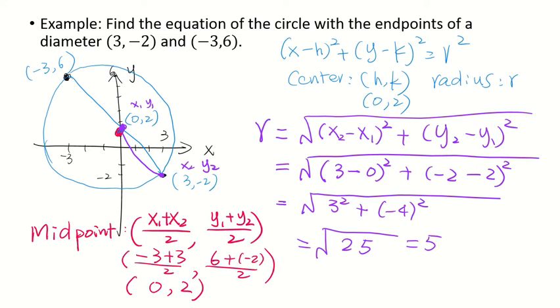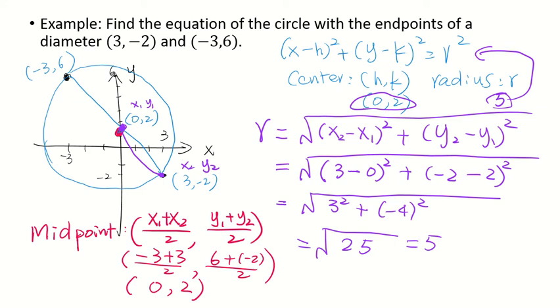All right, now we know the center, we know the radius. We're not done. We still have to find the equation of the circle. So we just have to plug in the center and the radius into the standard form of the equation of a circle.